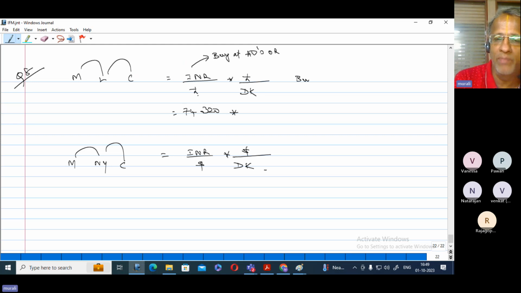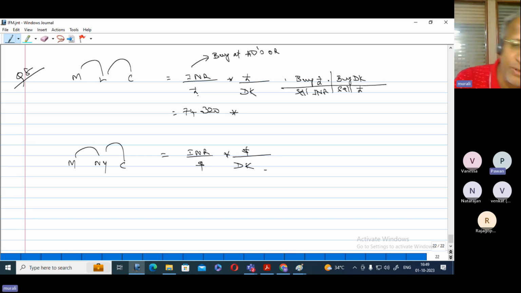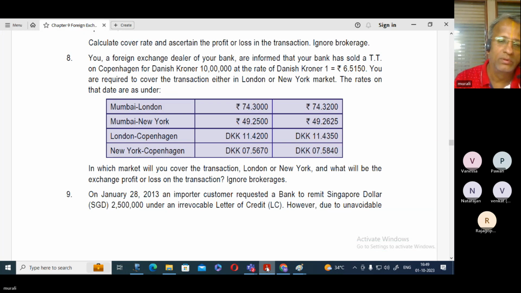So here we say buy pound, sell INR. Then buy Danish krona, sell pound. Correct? Are you understanding? Yes, sir. This position is over. Now quote is available, London, Copenhagen.